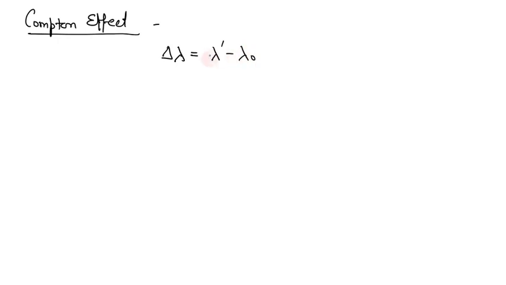Lambda naught is your original and lambda prime is your scattered wavelength, equal to h by m naught c times 1 minus cos phi, where m naught is the rest mass of the electron and phi is your scattering angle.